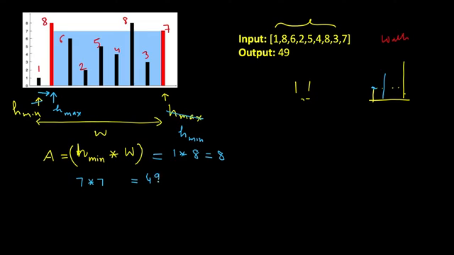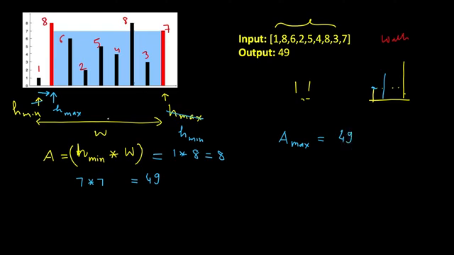And you will compare if this new area is better than the earlier max area or not. It's better. So you will keep track of a max area, area max, and you will store there whatever is the maximum you have gained so far. You will update it only when you find a better maximum. So we have achieved 49 till now.